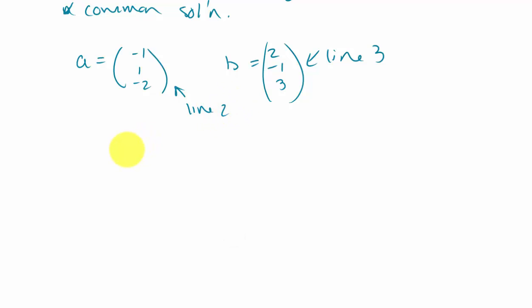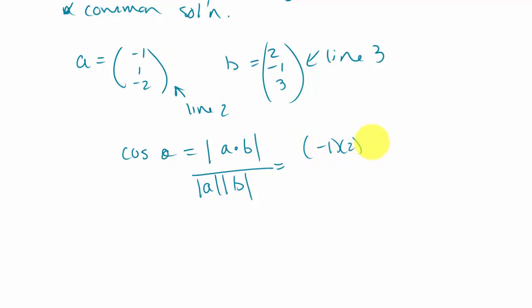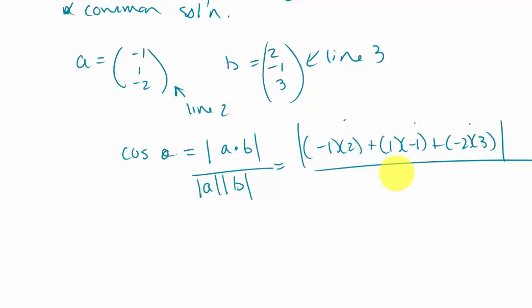We need these to find the angle, so cosine theta is equal to the absolute value of the dot product over the magnitude. So we're going to multiply -1 times 2 plus 1 times -1 plus -2 times 3. That's our x, y, and z component. And we'll take the absolute value.